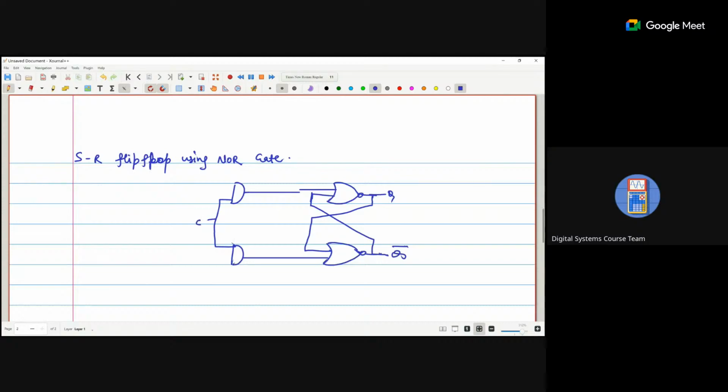We have a clock, and R and S inputs. Remember this circuit?